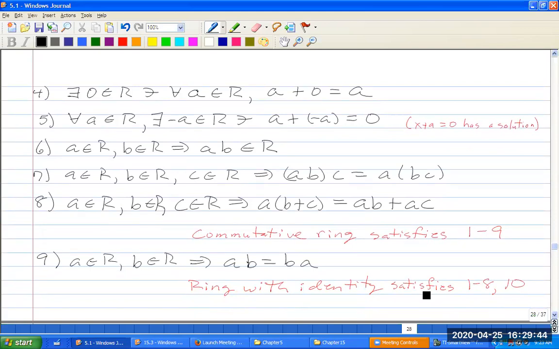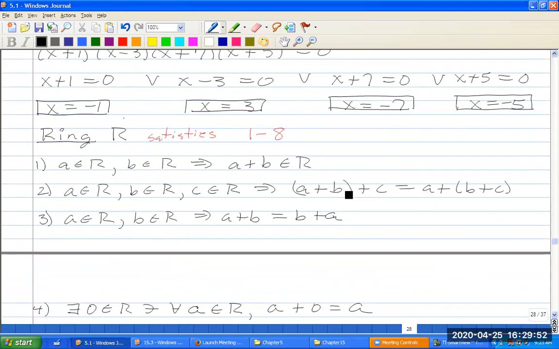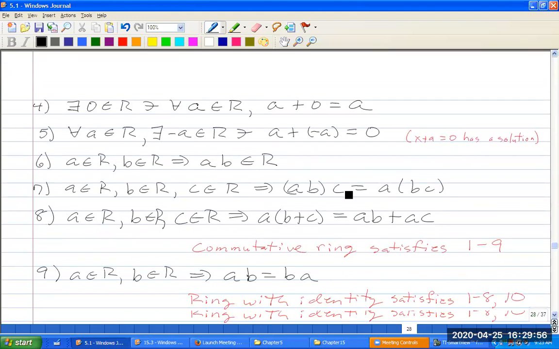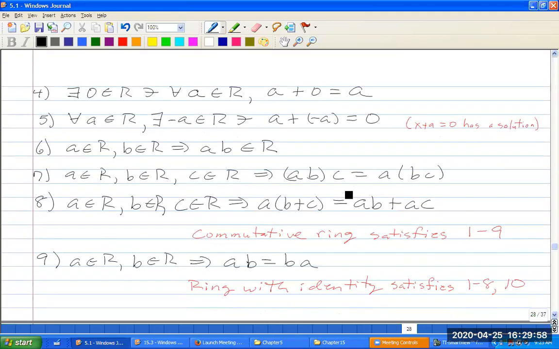Okay, so those constitute what is called a ring. Polynomials are rings. Now, in addition, we will say that it is a commutative ring if, in addition, it satisfies A times B equaling B times A. That multiplication commutes.